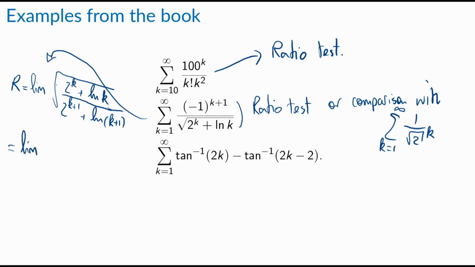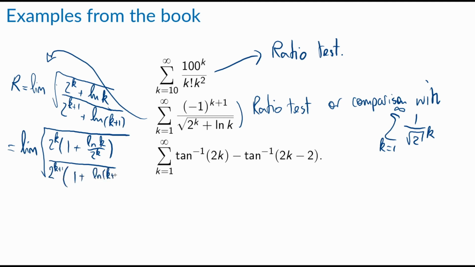We can forcibly factor out this 2 to the k over 2 to the k plus 1, right? That's sort of one of my favorite tricks. We can write this as 2 to the k times 1 plus natural log of k over 2 to the k. And then down here we get 2 to the k plus 1 times 1 plus natural log of k plus 1 divided by 2 to the k plus 1.